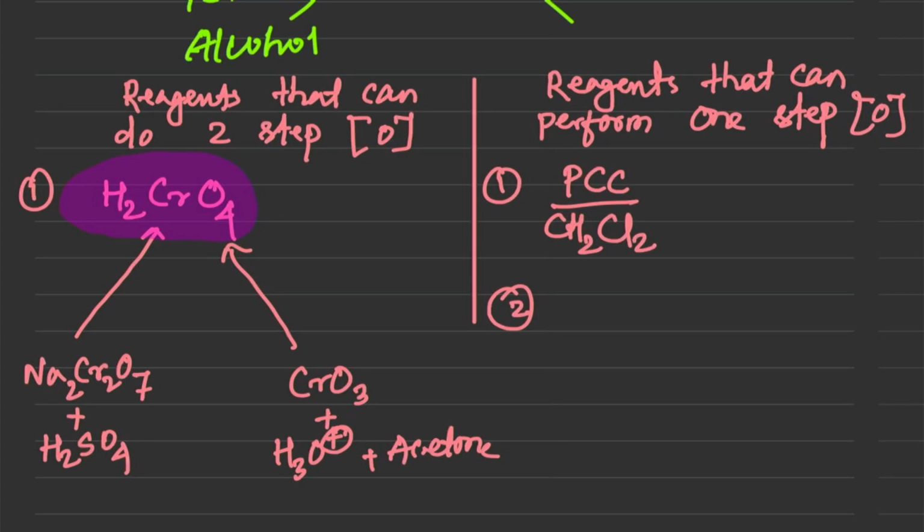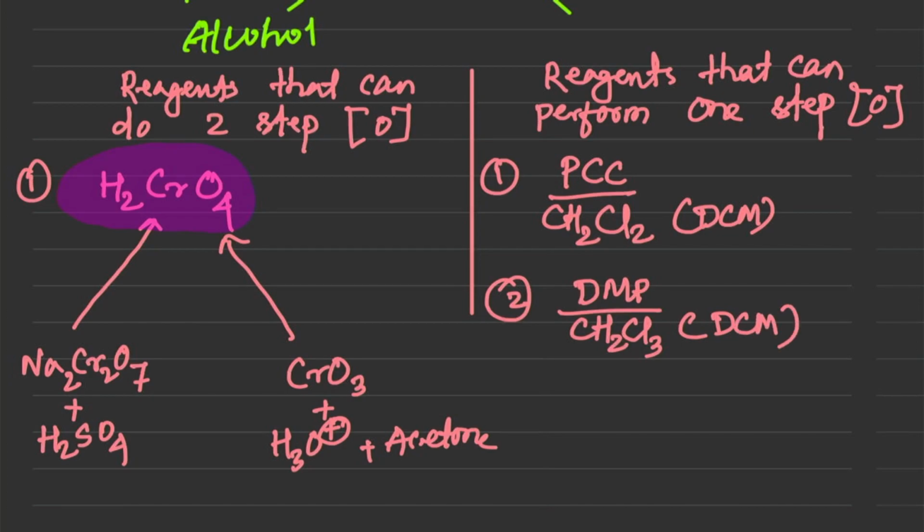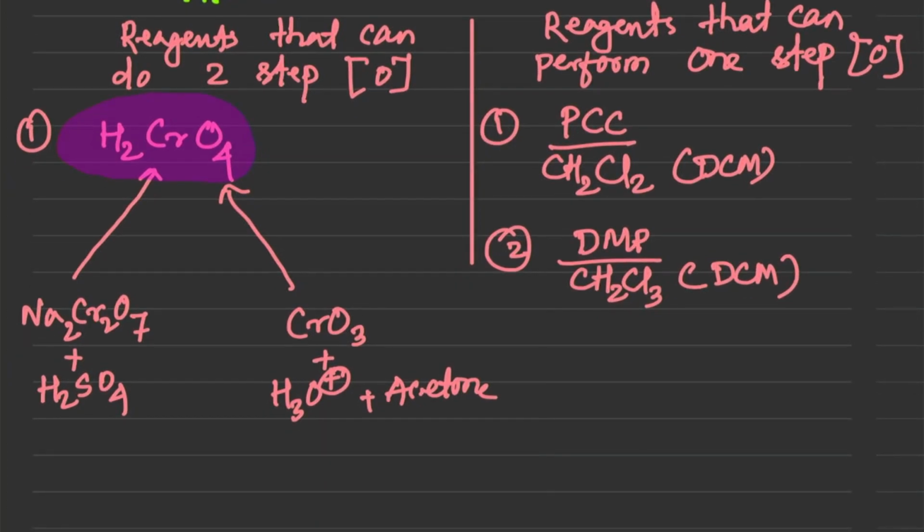Another one could be Dess-Martin periodinane. Again, this one is also going to be in dichloromethane solution. CH2Cl2 is DCM. And what else do we have? Let's see. We also have Swern oxidation.